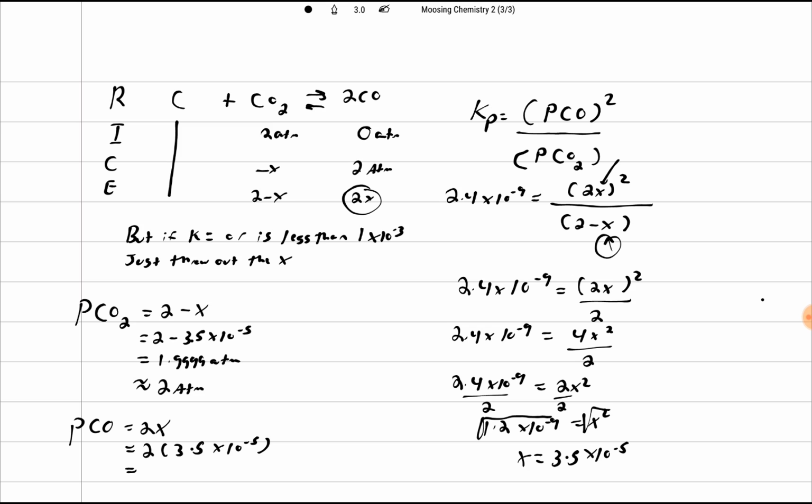So when I punch that in the calculator, that gives me approximately 7.0 times 10 to the negative 5th ATMs.